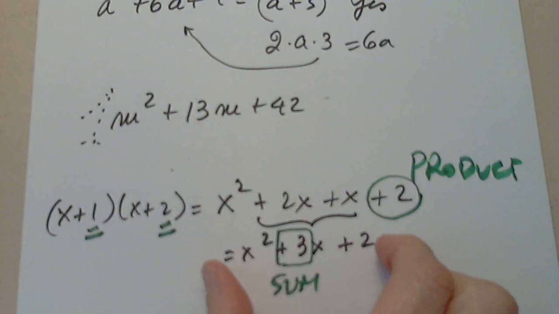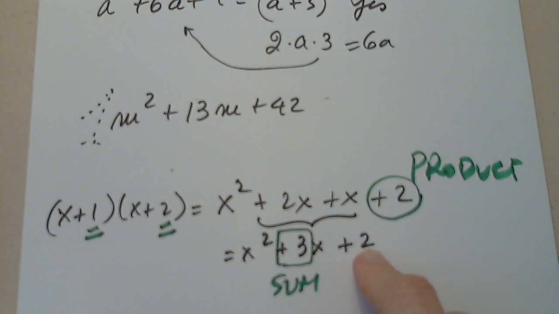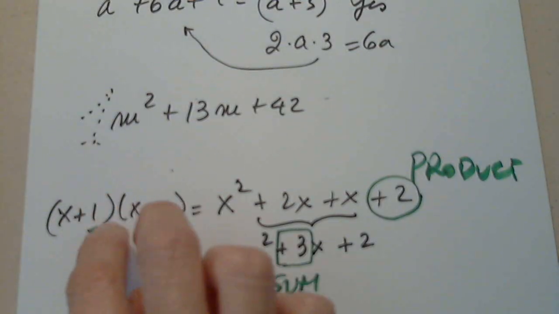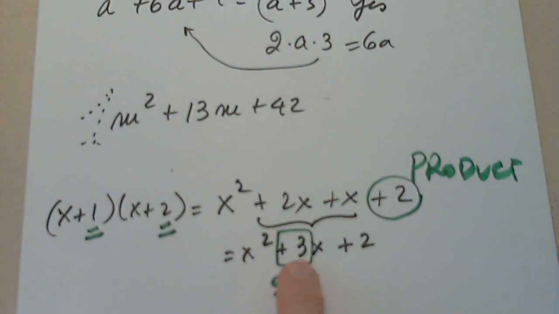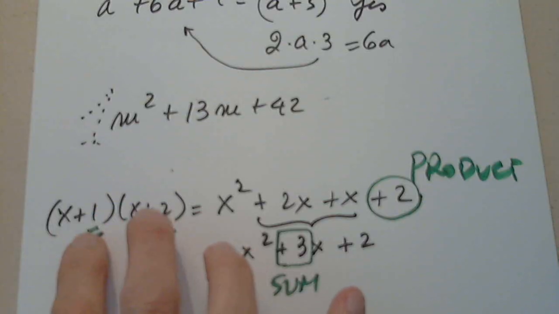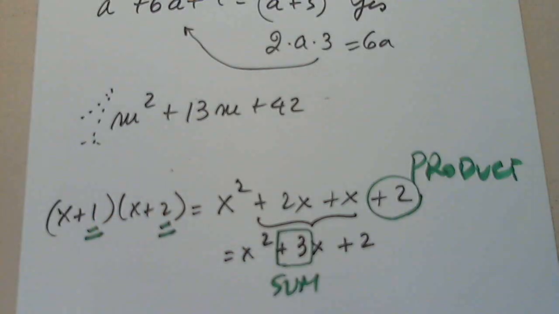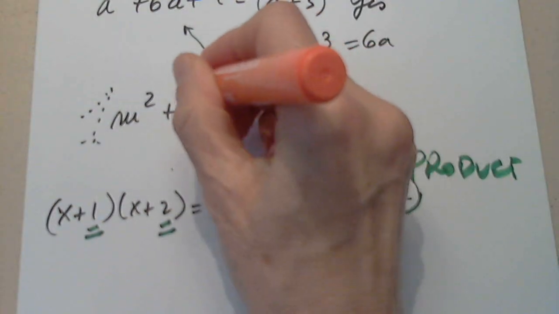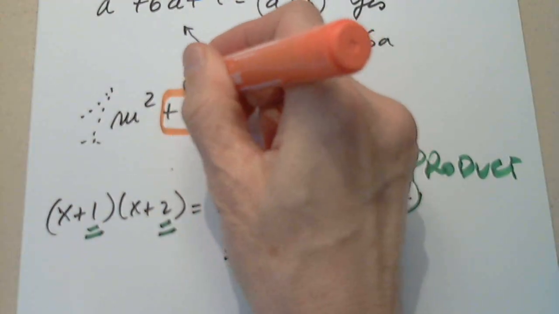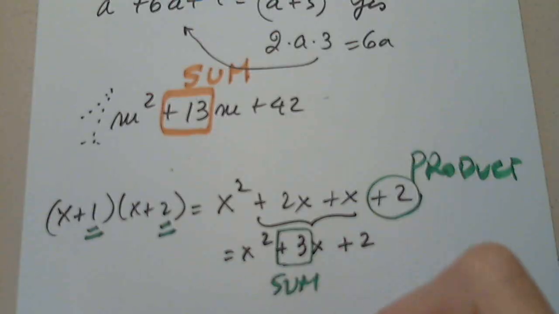So when we look at this trinomial, this number comes from the product of these two numbers. And this number comes from the sum of these two numbers. So this number right here is the sum of the two numbers we need.